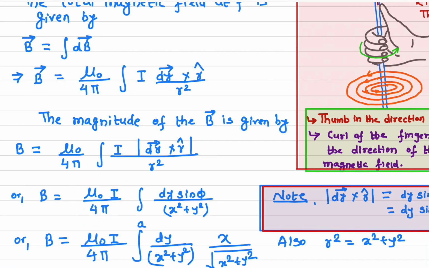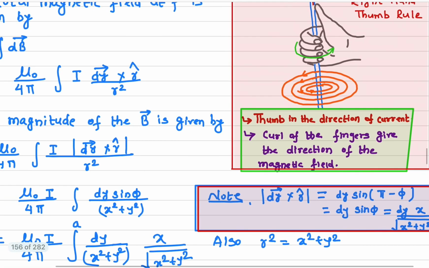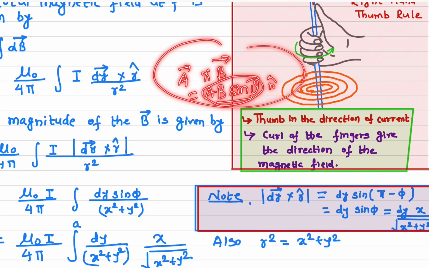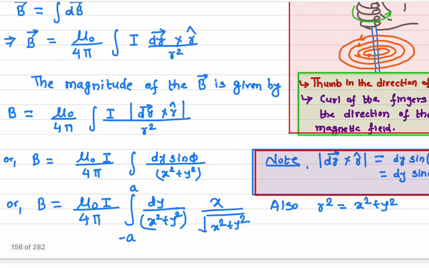This is a cross product. How do you define the cross product? If you have two vectors, a vector and b vector, then the cross product of these two has the magnitude ab sine theta.